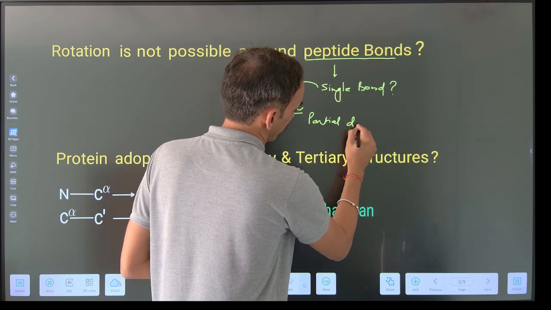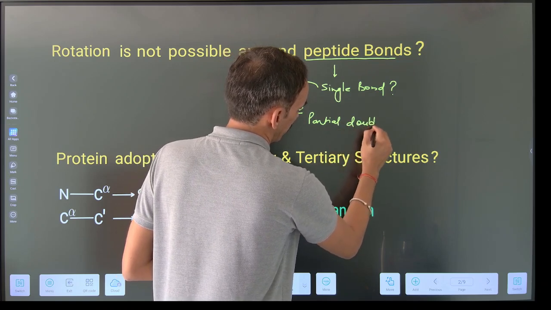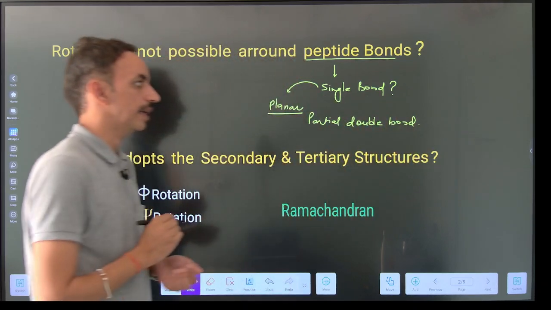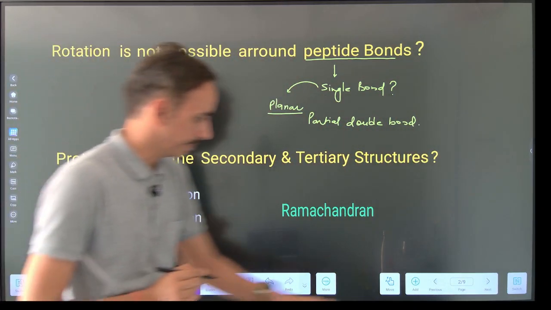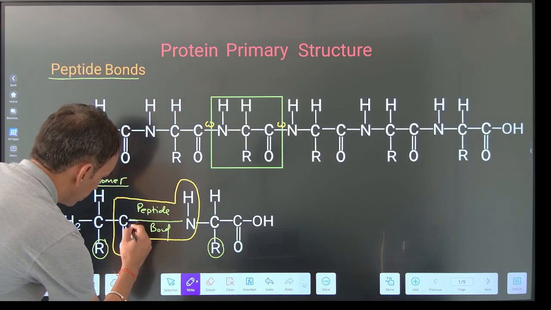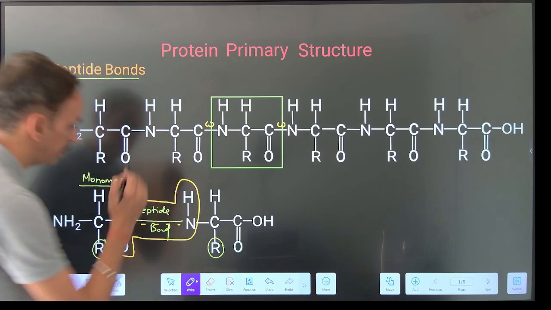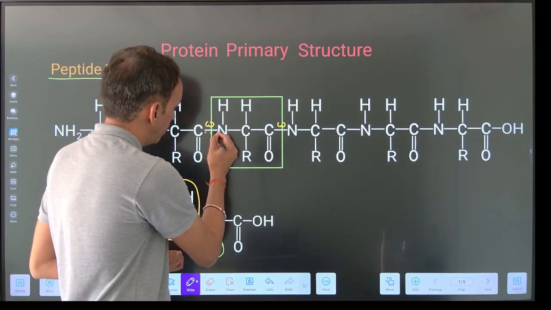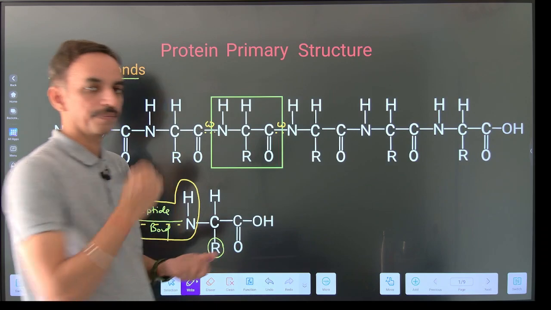They have partial double bond characters which do not allow the rotation. So due to the partial double bond characters, the rotation is not possible around this peptide bond or this peptide bond or this peptide bond.